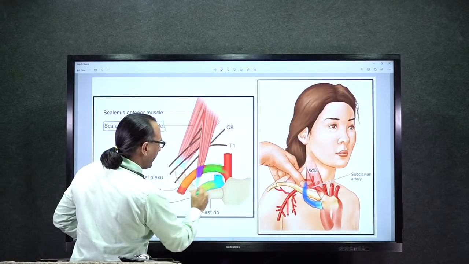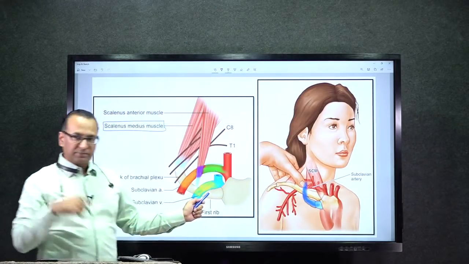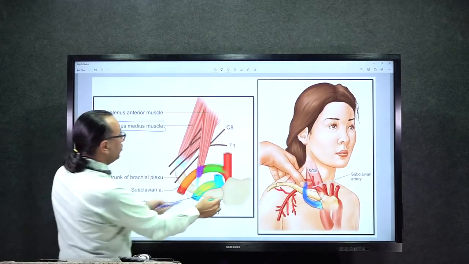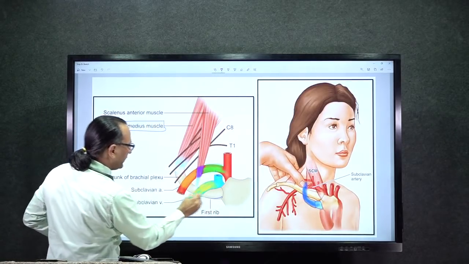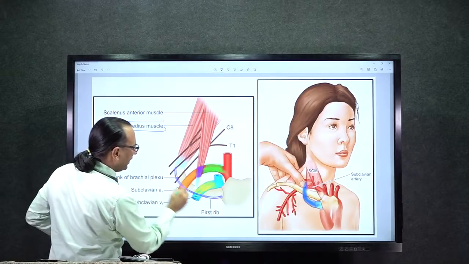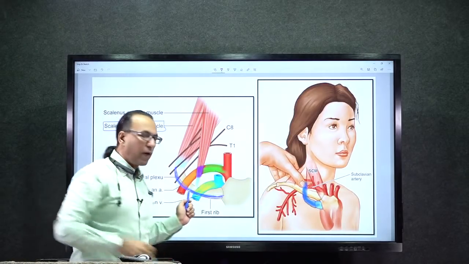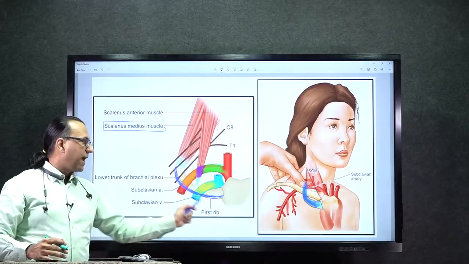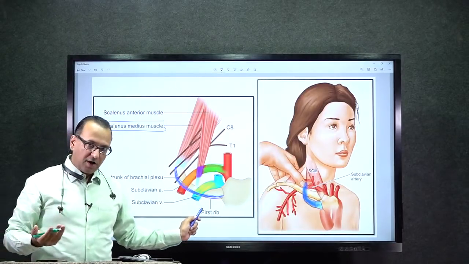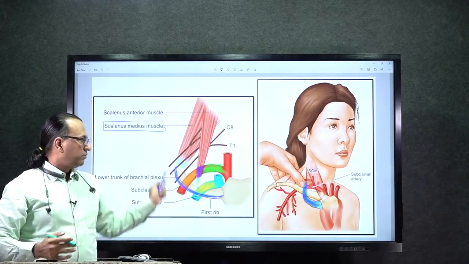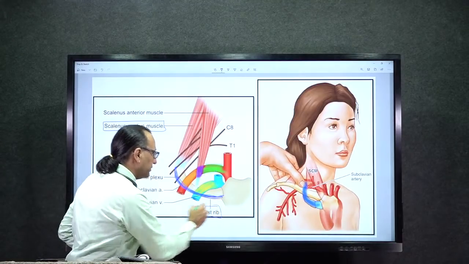And subclavian vein, when it is crossing outer border of the first rib, what will you call it as? See, these structures, they are now going to enter the axilla. So axillary vein and axillary artery as they cross the outer border of the first rib.